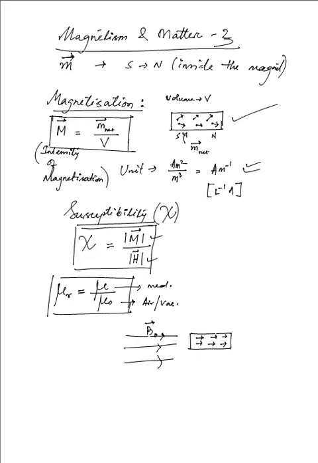This depends on the type of magnetic material that we are using. There are different types of magnetic materials or substances that we'll be discussing later on. If they acquire a net dipole moment, there is a net magnetic field associated with that material, so let that be Bm.